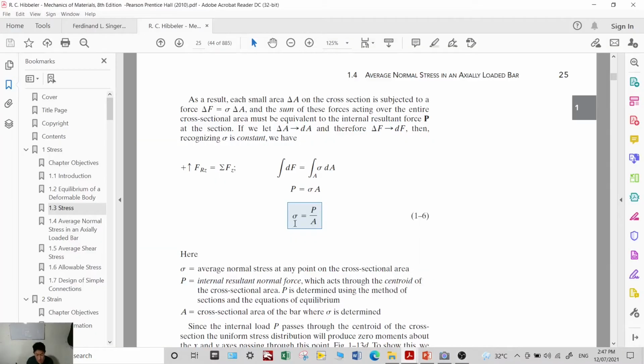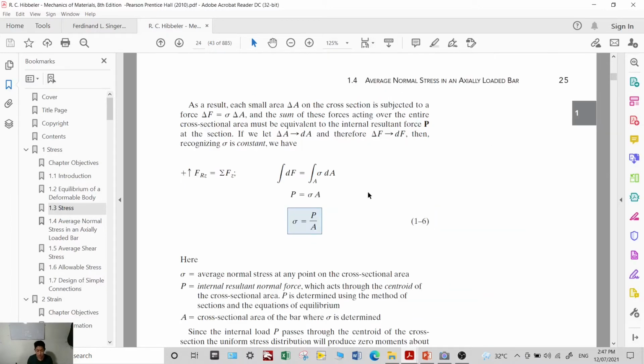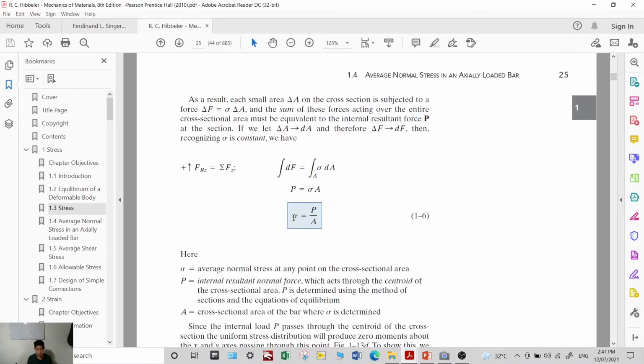This is your equation for normal stress: sigma is equal to P, which is the force over area. This stress normally represents the strength of your material. Meaning, if the material can withstand a large stress, it is stronger.